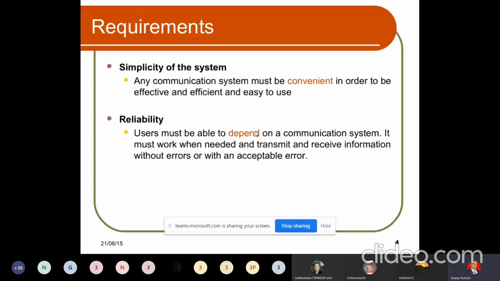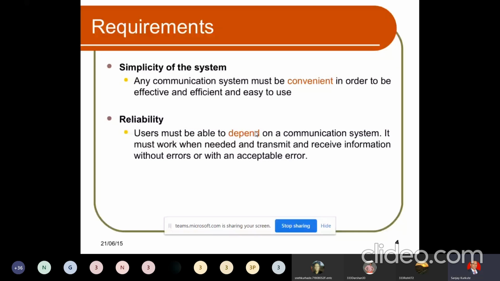One more point, reliability. This term will come in many designs, in SMPS, linear power supply design, data acquisition system, everywhere you will find this reliability term in the picture. User must be able to depend on a communication system. It must work when needed and transmit and receive information without errors or with an acceptable error percentage.